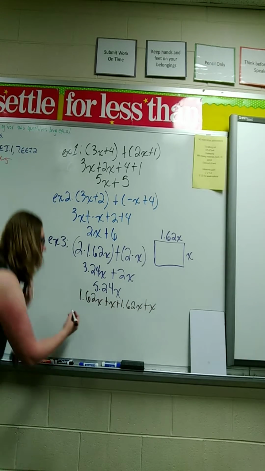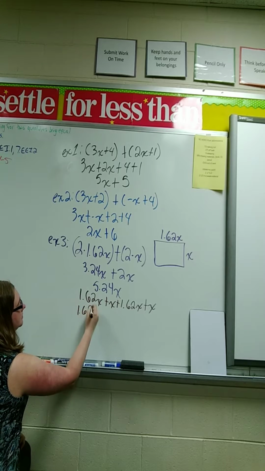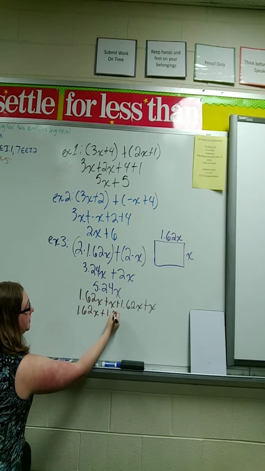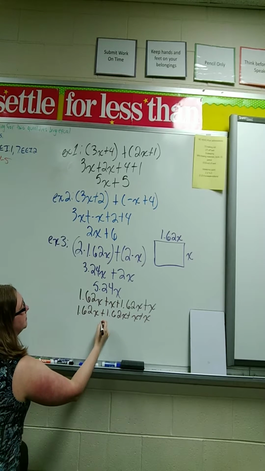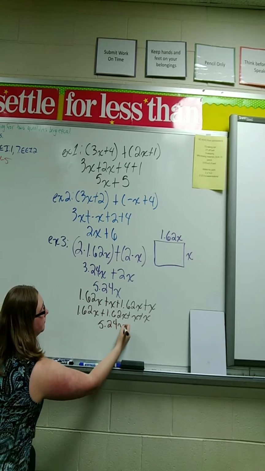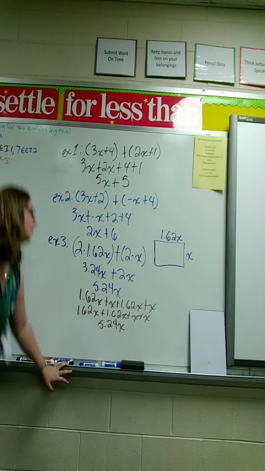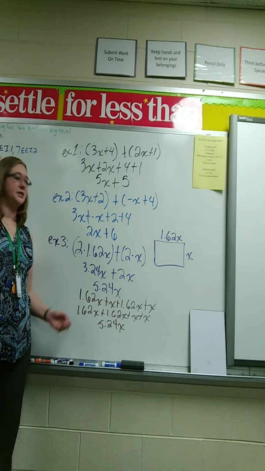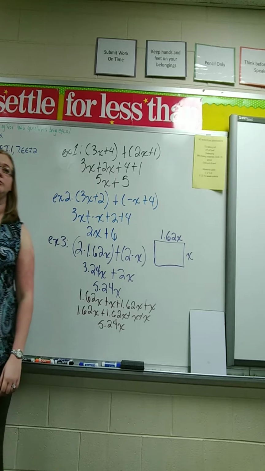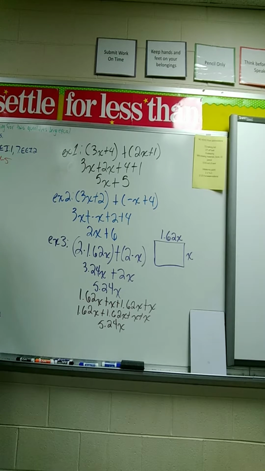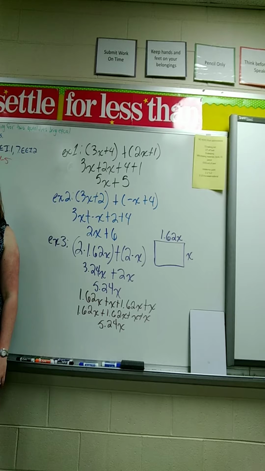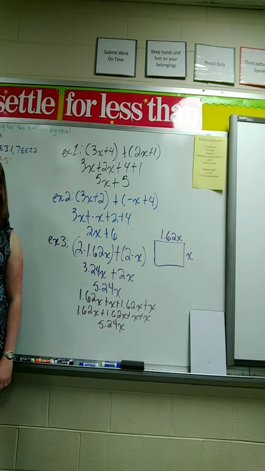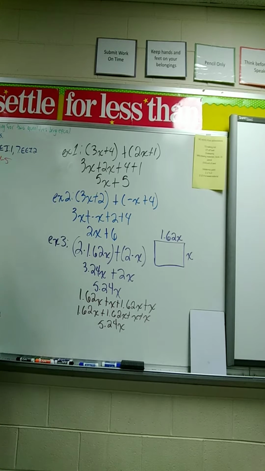Because that gives us 1.62x plus 1.62x plus x plus x, which ends up being 5.24x. Does it matter? No. Which one do you think would be easier? The first one. I would agree with that. But does it matter? No. Questions?